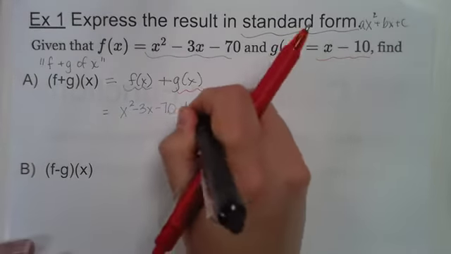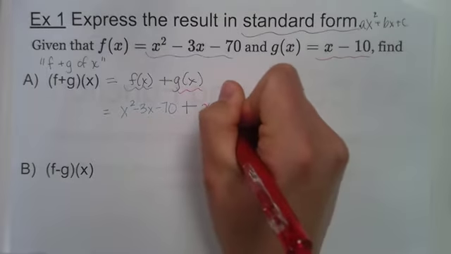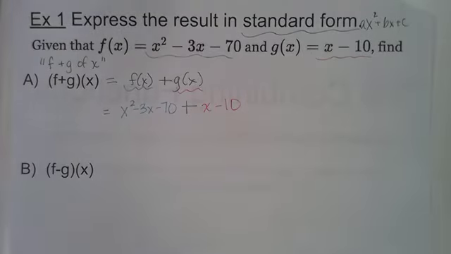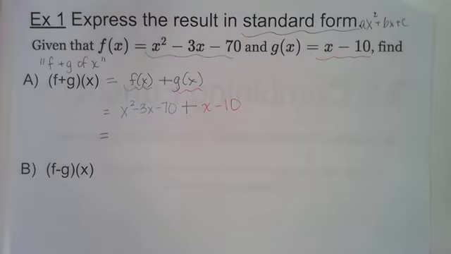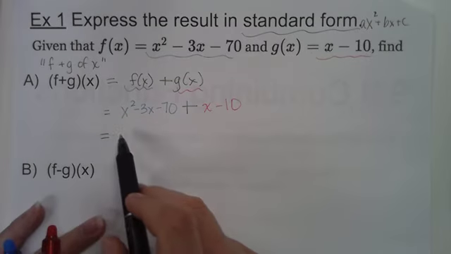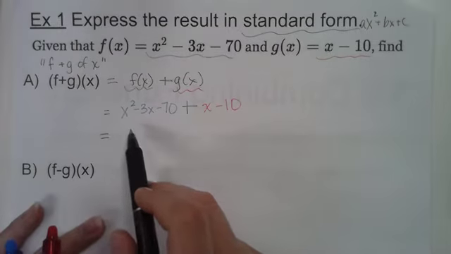So a big plus sign in the middle, and then we're going to have x minus 10. So all we're doing is substituting, nothing hard. What do we need to do after that? Combine like terms, which I stress is a better word than solve, because solving means you're getting x by itself, and we don't want to do that. We are just going to combine like terms.